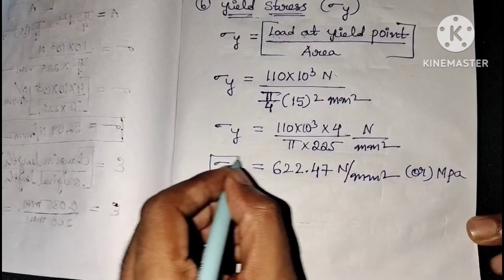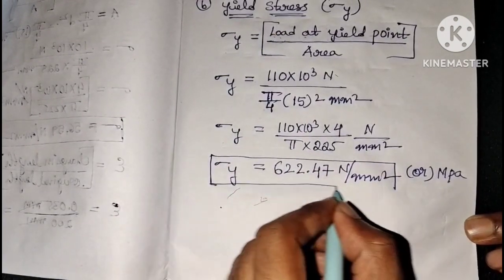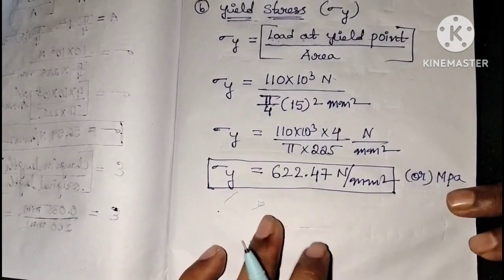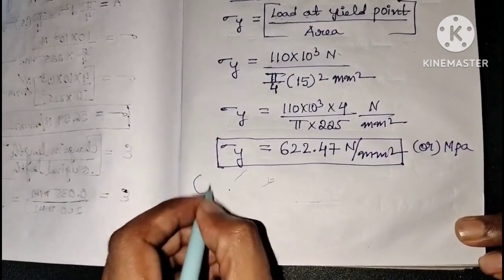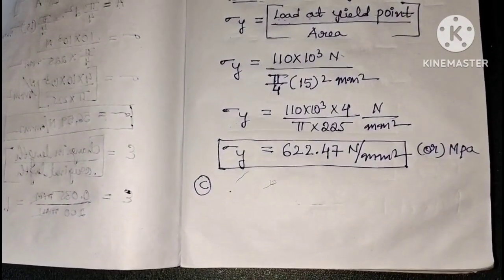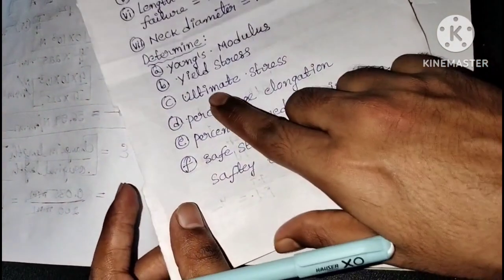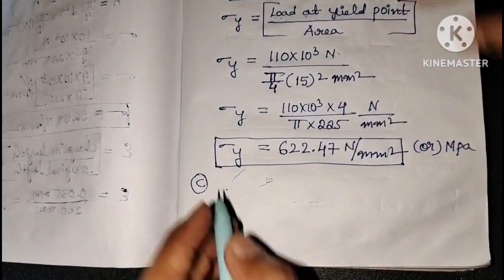Okay, now this is the yield stress. So this yield stress is used to calculate safe stress. We use this at the end to calculate safe stress. Next, we need the ultimate stress. We have to calculate the ultimate stress.